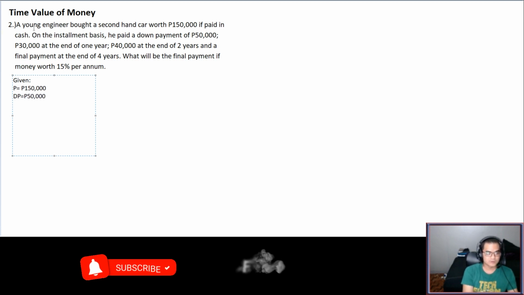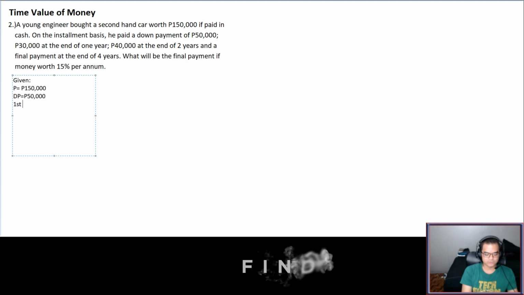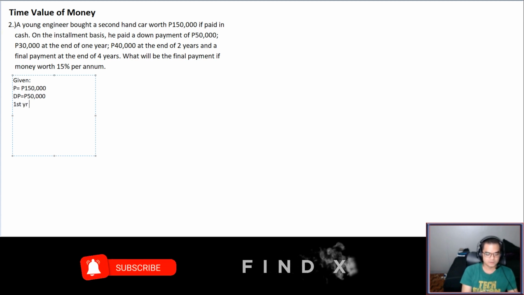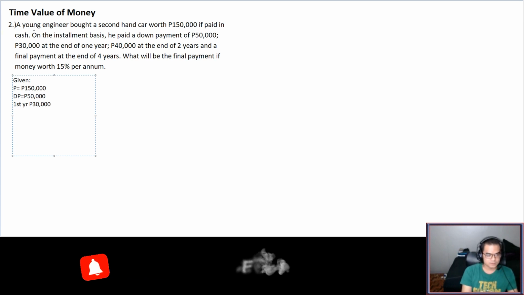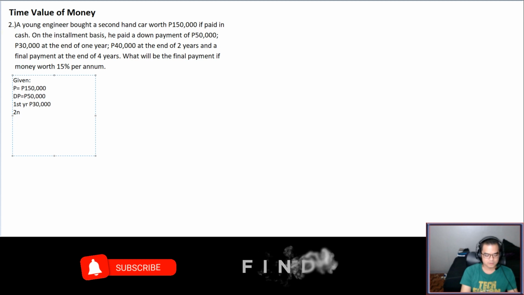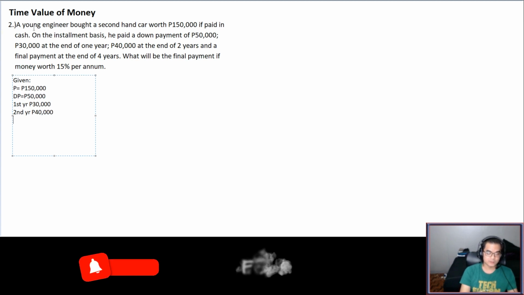Next, at the end of the first year we have a payment of 30,000. At the second year we have a payment of 40,000, and then we have a final payment at the fourth year.